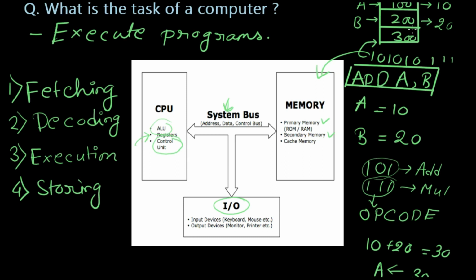So how will this address go? Inside the CPU this address calculation will happen, and after it is calculated it will be given to the address bus, and this address bus will carry the address to the memory, and memory will find the value and give it back through the data bus. Through the data bus we can carry instructions as well. So this instruction 1001 will be carried through the data bus to the CPU.